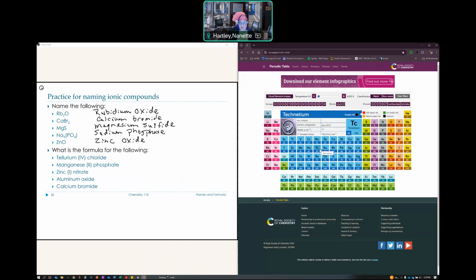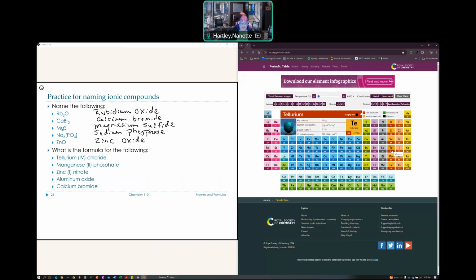Tc is technetium, it's not that one. Ta is tantalum, I think is how you actually say that. I'm not really sure. But that's this one. Now, tellurium.